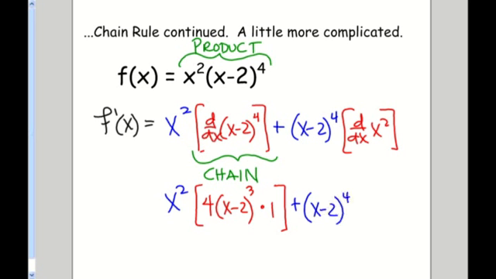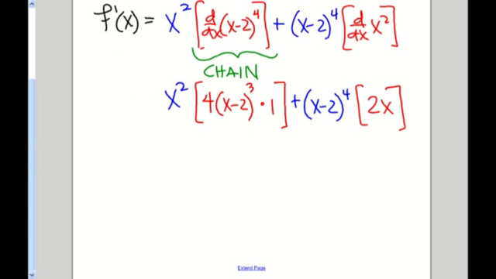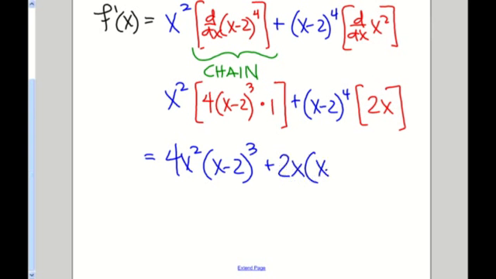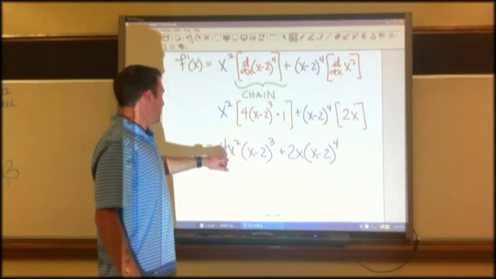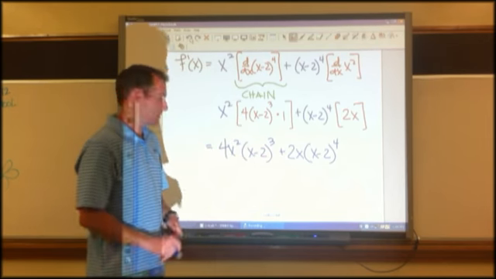And then over here, of course, we've got the derivative of x squared is just 2x. And then we can kind of squish this stuff together, combine what we can. And we'll get that this is 4x squared times x minus 2 cubed plus 2x times x minus 2 to the 4th.